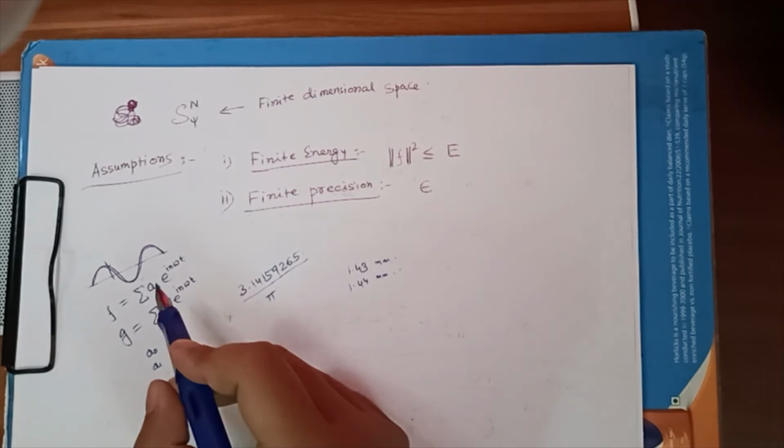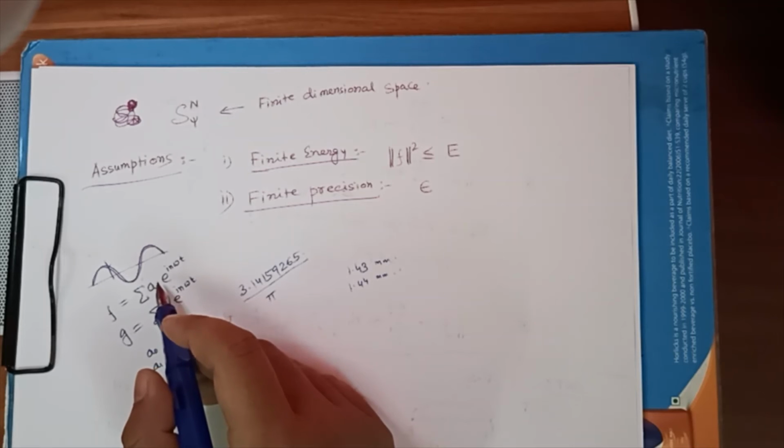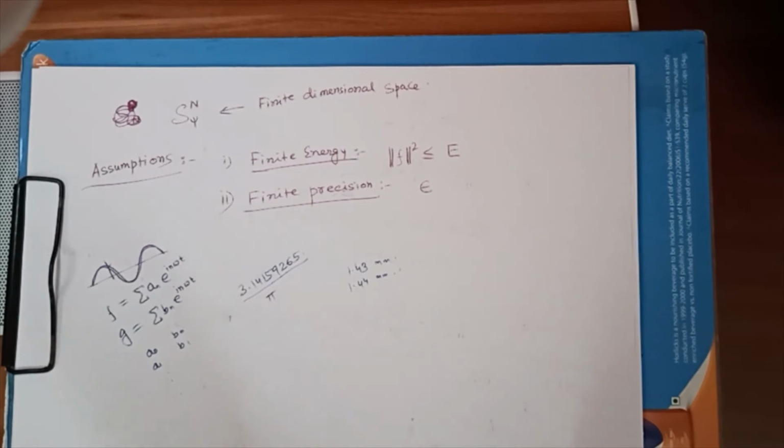That value is basically some amplitude and some phase, which is a complex number. That amplitude and that phase you cannot measure with infinite precision. So there is some finite precision.